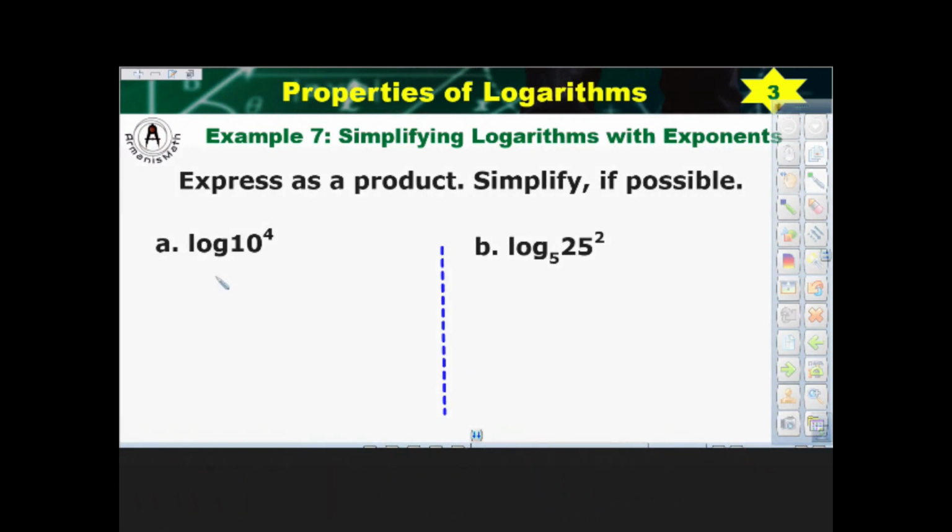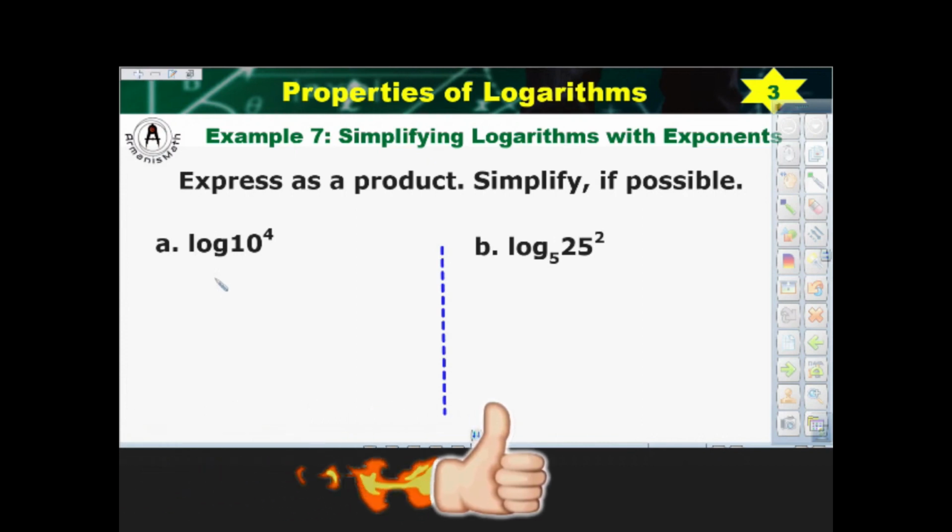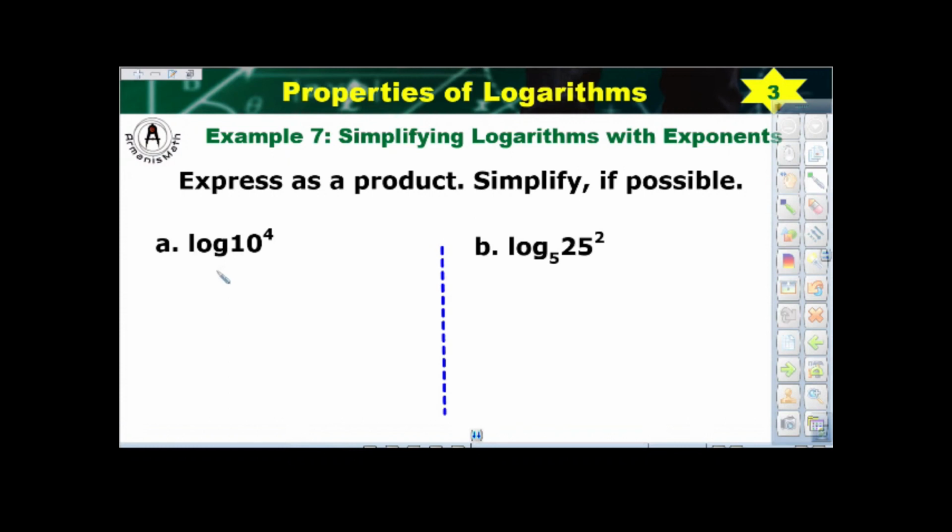What was the base if there is no base? Last time, you guys. If there's no base, there's always a 10. Yes, Jordan, a 10. If there's no base, there's always a 10. So I'm gonna kick the 4 outside. Plug, power to the log. So that becomes 4 log base 10. What's the base again?